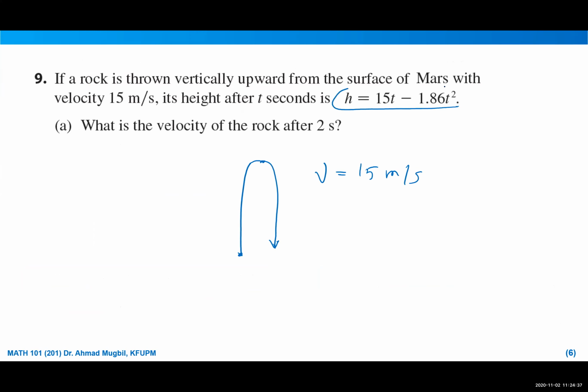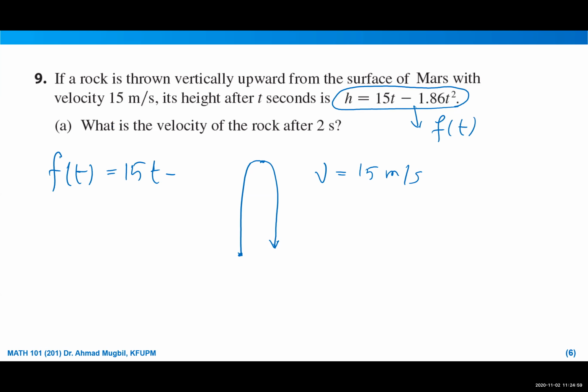This is the height. So what does the height represent, guys? Is it V or A? It is S, the position function. The height is a position. So this is the position function, equal to f of t.